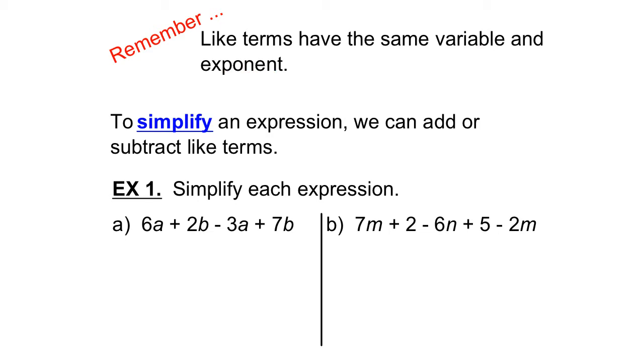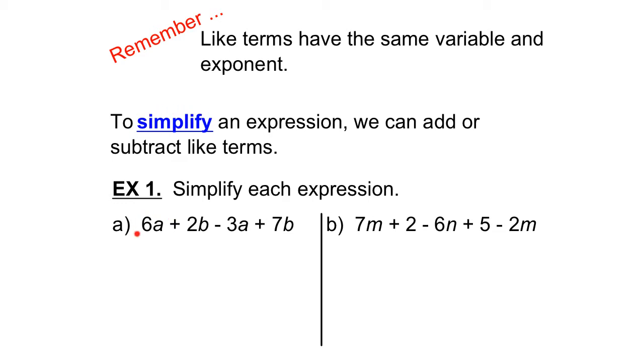In the last lesson, you identified what were like terms and what were not like terms. So that's going to come in handy in this lesson. To simplify an expression, we can add or subtract like terms. Simplify just means reduce the number of terms.